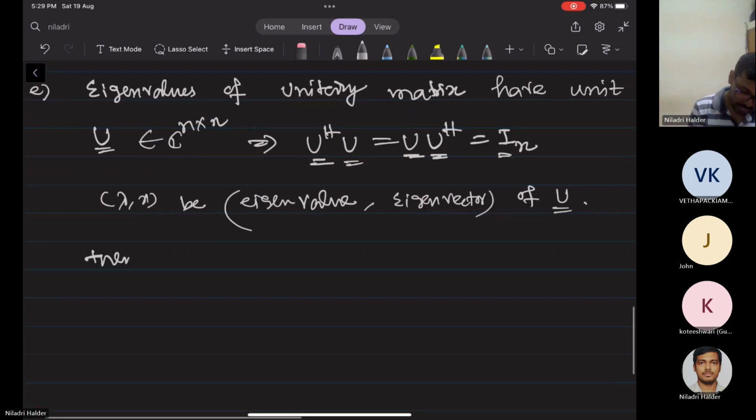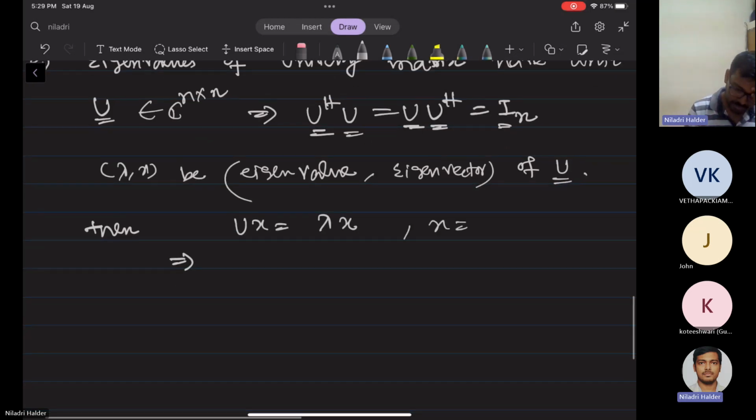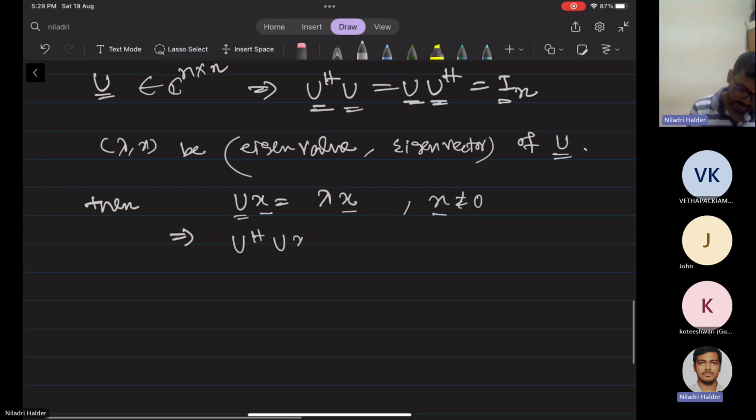Then U x equals lambda x, where x is not equal to 0. Then U Hermitian U x equals lambda U Hermitian x.